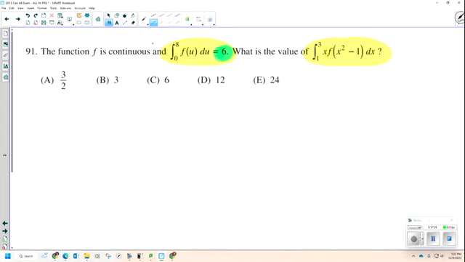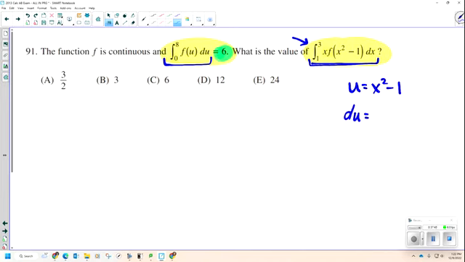So here we go. If I were to solve this one on the right side to make it look like the one on the left, if I want this integral to kind of become this, then I can set it equal to 6 and it would really help me. I'm going to use u substitution. I'm going to say u is x squared minus 1.